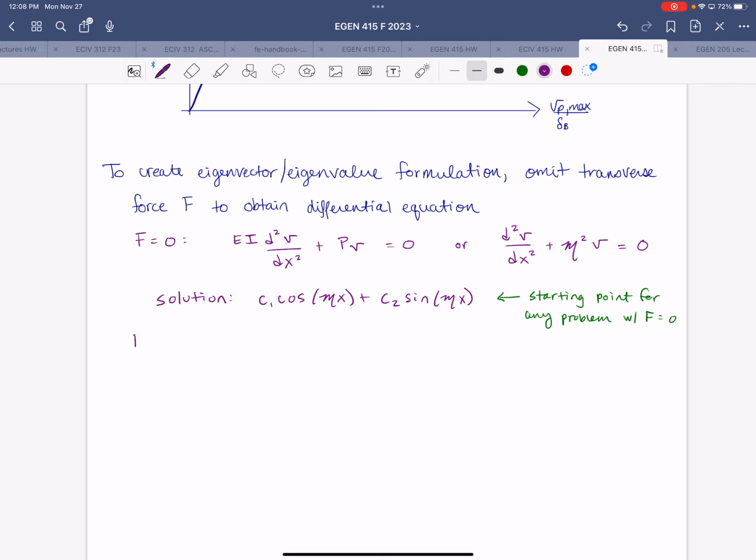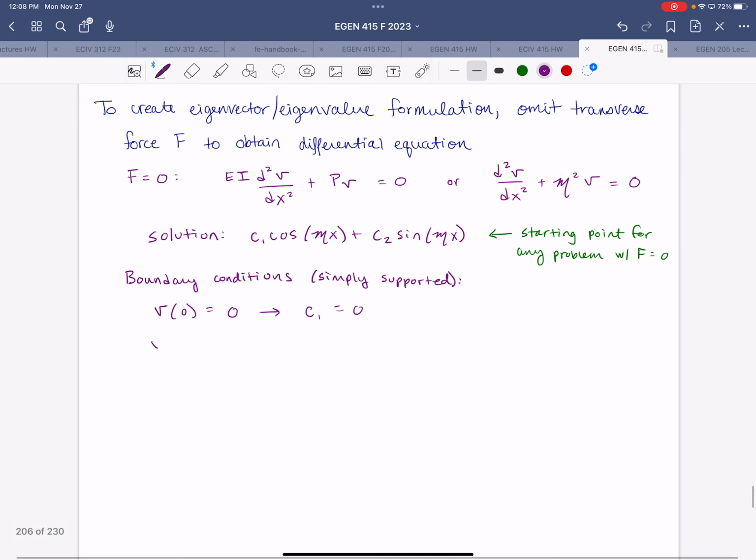All right, so the boundary conditions that we have, in this case, the beam is simply supported. So at x equals 0, deflection will be 0. That gives us constant C1 of 0.